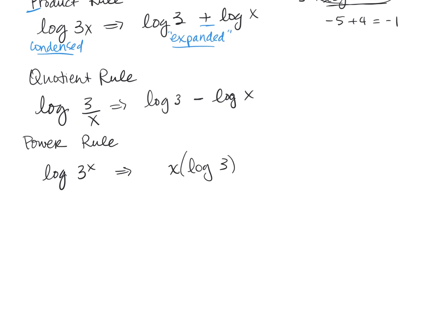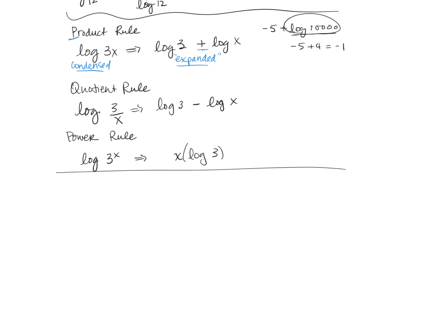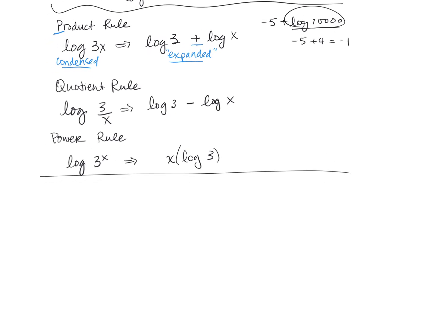So what you're going to have to do today is expand and condense equations that have a mixture of all these things. For instance, let's say I gave you the logarithm of 5y over z. That's the condensed version because it only has one logarithm. I want you to expand it out using these properties. So where would you start?